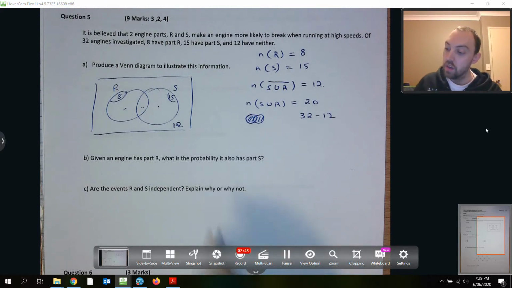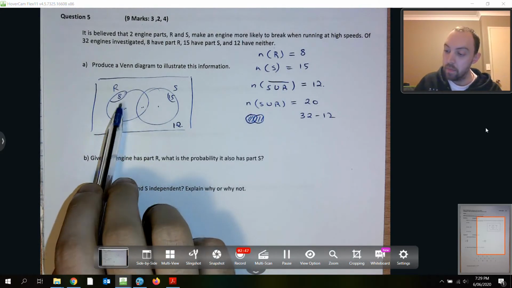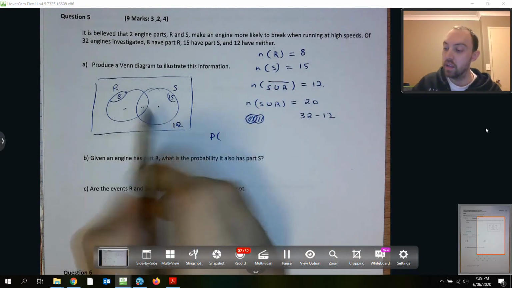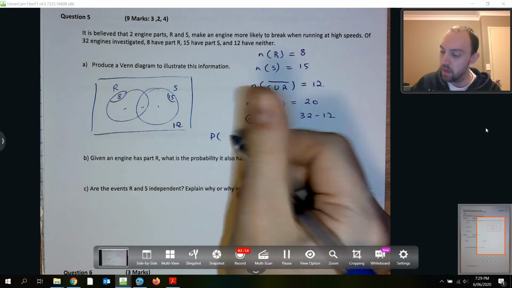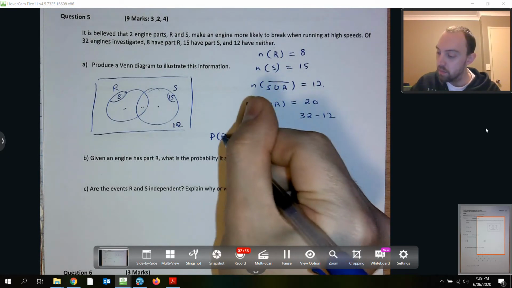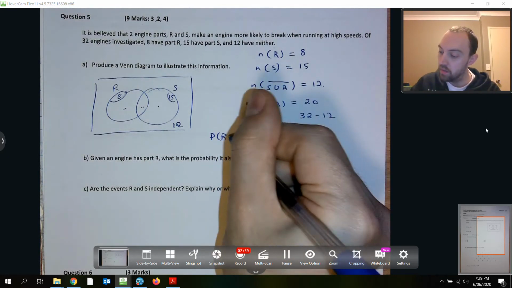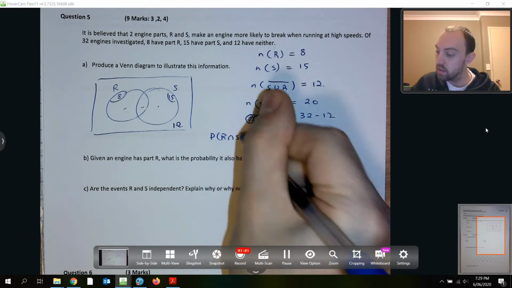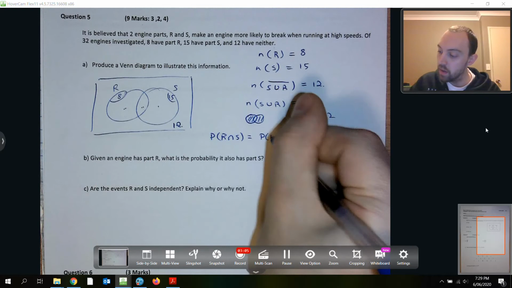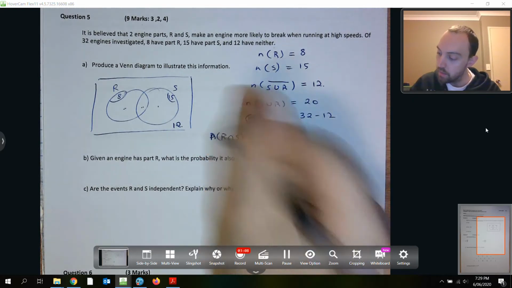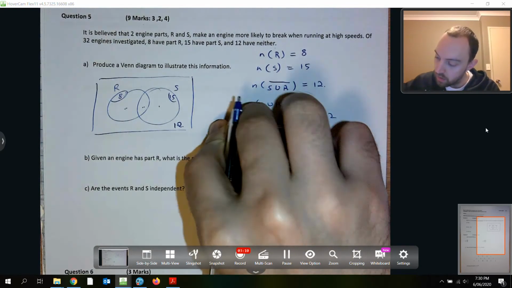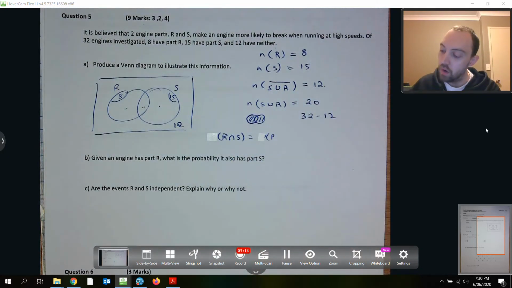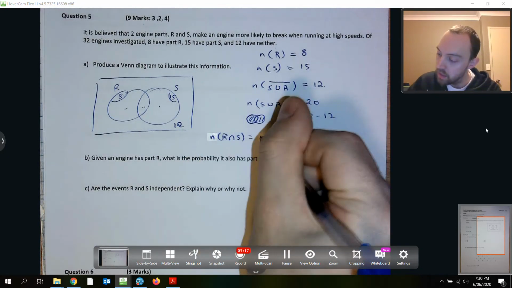Okay, so how much is in just the middle here? And you might be thinking of my addition rule, probability of R and S, the intersection. We change this to n's because I'm actually thinking about the number of elements in each of these rather than the probability.